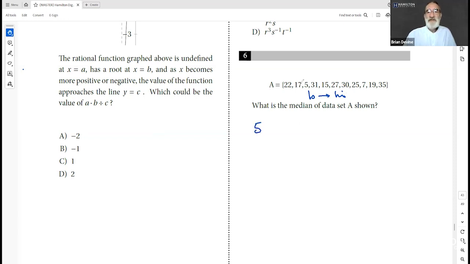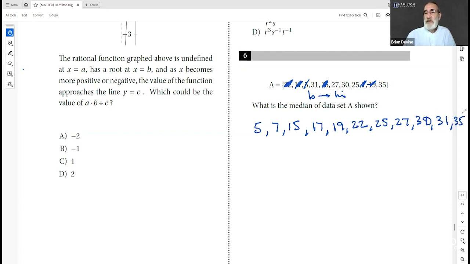So 5, then 7, then 15, then 17, then 19, 22, then 25, 27, 30, 31, 35. Is that all of them? That's all of them.